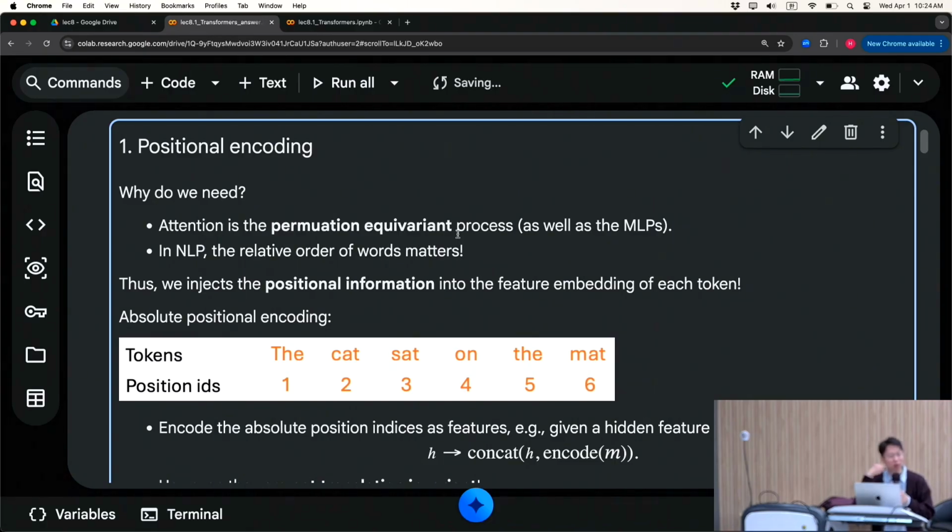If you swap the order of different tokens, you will get the same result, but with the order swapped in terms of QKV. So it's permutation equivariant.